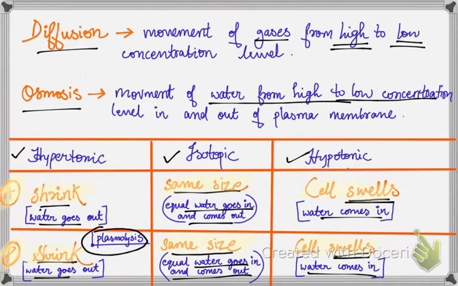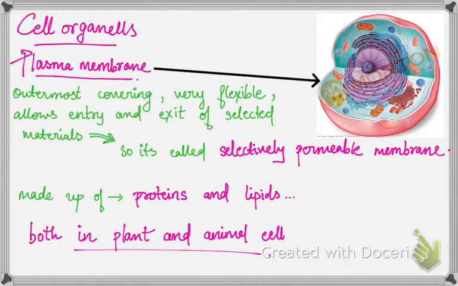I will tell you about this again when you learn about the plasma membrane, cell wall and all, to understand it better. And now finally we'll begin with the different types of cell organelles, and we'll start with the plasma membrane or the cell membrane. This is the outermost covering which allows entry and exit of some selected materials in and out of the cell. And this is why it is called a selectively permeable membrane. Why is it called a selectively permeable membrane?